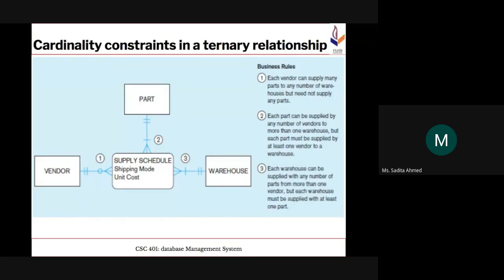So combining vendor ID, part ID, warehouse ID, we could possibly make an identifier for supply schedule, or we could completely create a new attribute, supply schedule ID, and say that the system will generate unique numbers here for the primary key, which is going to act as the primary key of the supply schedule relation, or the supply schedule entity or table, right? However, it must have a primary key. It hasn't been denoted, but it must have a primary key. If it doesn't have a primary key, how will you differentiate between the instances of supply schedule? On what basis will you differentiate?